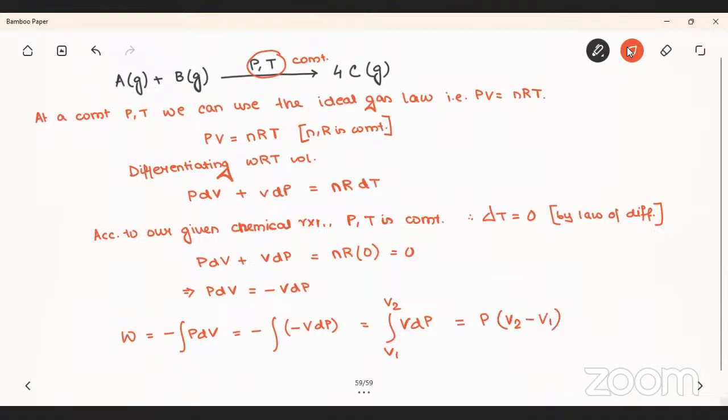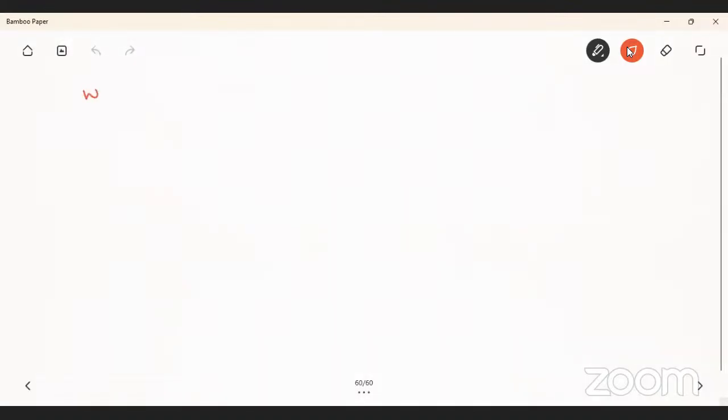Till now, is it clear? Yes, ma'am. Good. So we finally got W is equal to P into V2 minus V1. Now we can use this equation.